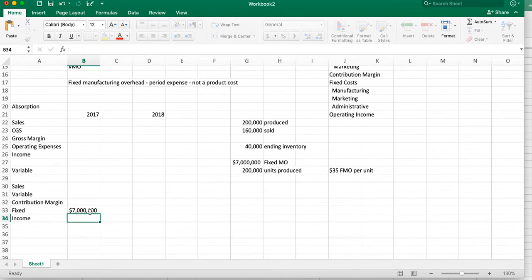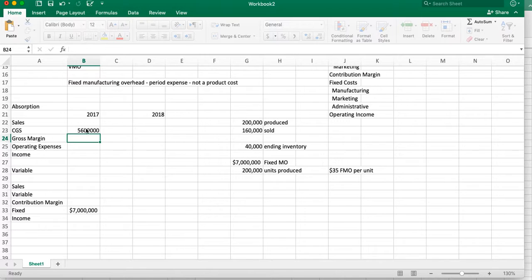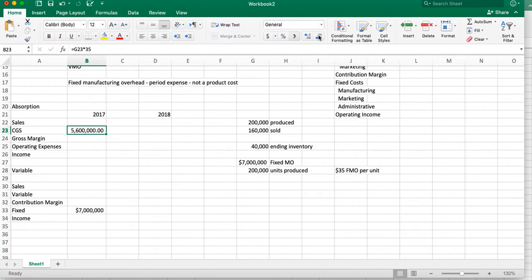So let's just say I don't have any other cost, just looking at fixed overhead, which is not the way you're going to do your problem, and you should know that if you've done any of the homework. It's my units sold times $35 that I'm going to expense.